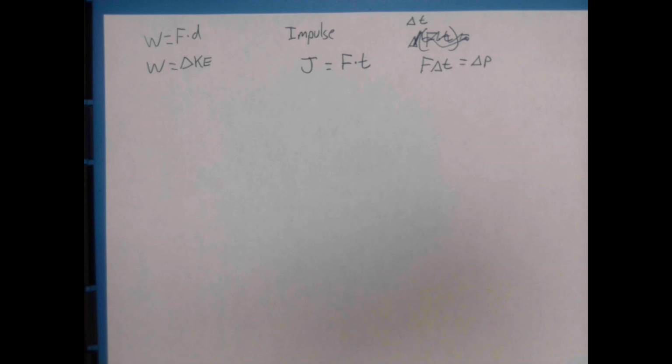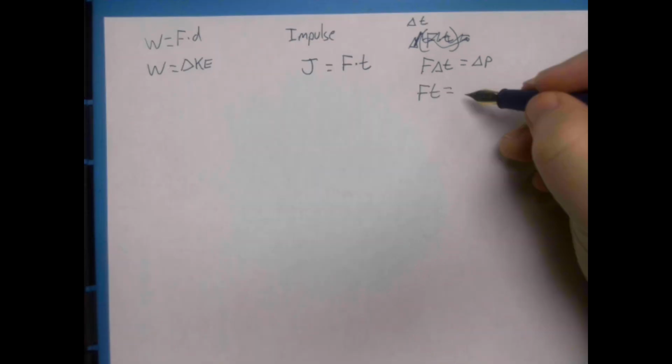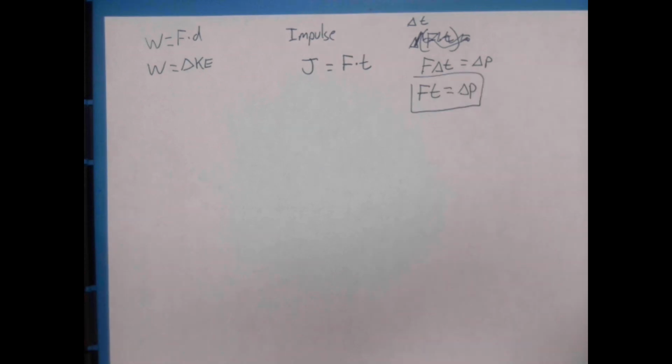Your formula sheet shows F times delta t, but I think it would be appropriate to just write Ft equals delta p, to make it simpler. Which means impulse is also equal to the change in momentum.